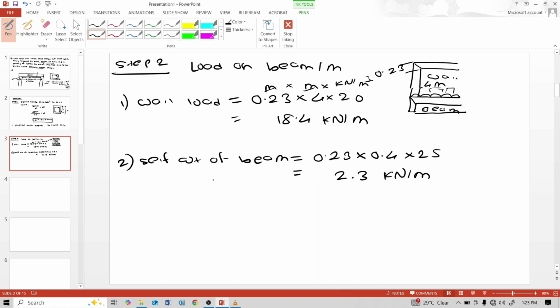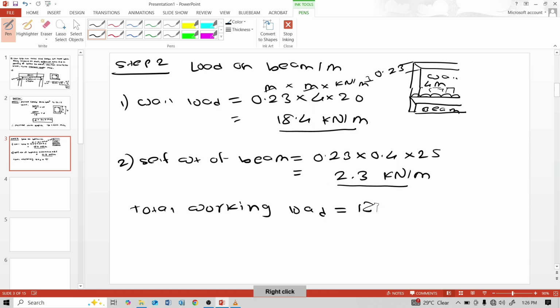So total working load is 18.4 plus 2.3, which is 20.7 kilonewton per meter total working load on this beam.